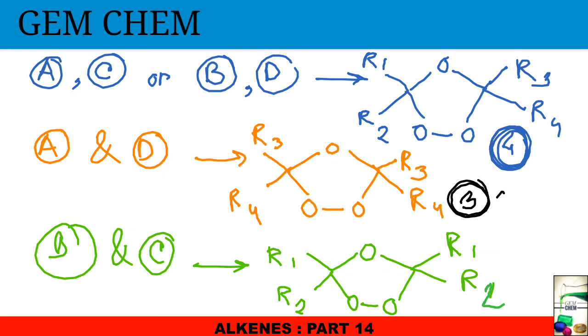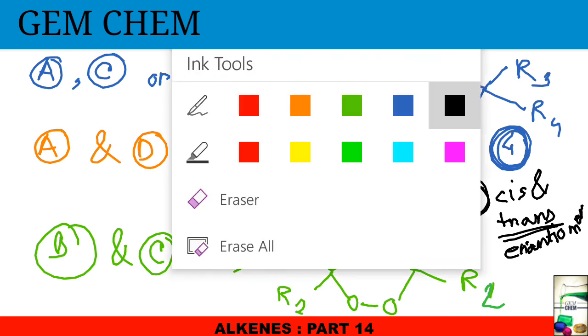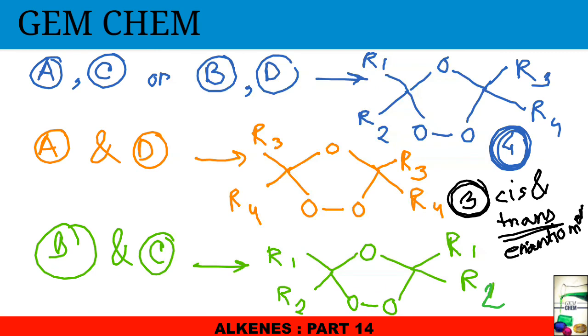Okay, so it has cis and trans, trans having enantiomers. So we are having 3 structures. And what is cis, what is trans, what are diastereomers, what are enantiomers, we have already discussed in the stereochemistry video, so you can watch it. I will give the link in the description box as well as the I button present above this video.